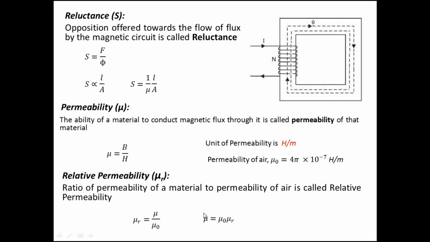So the permeability of the material mu is mu 0 into mu r. By this equation, S is equal to L by mu 0 mu r A, where L is the length of the magnetic path and A is the cross-sectional area of the magnetic path.